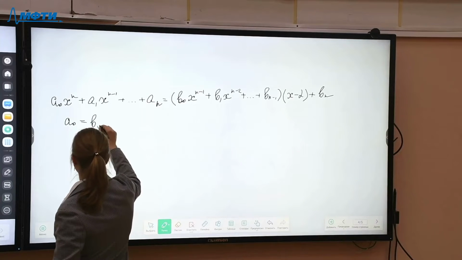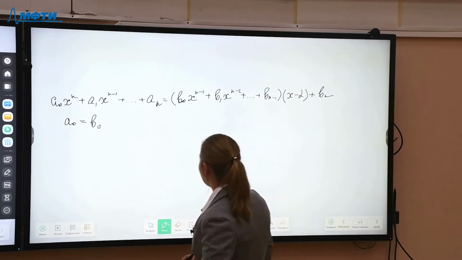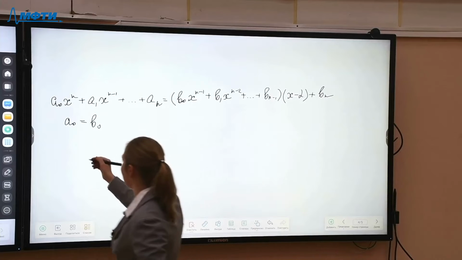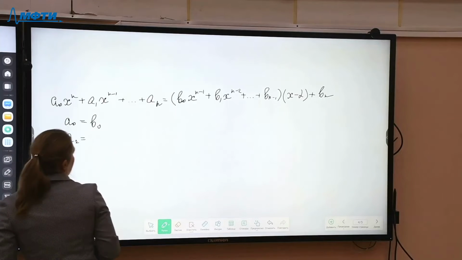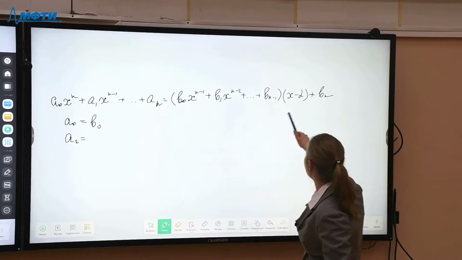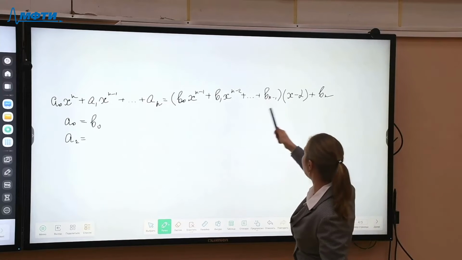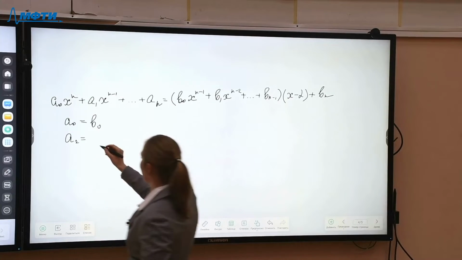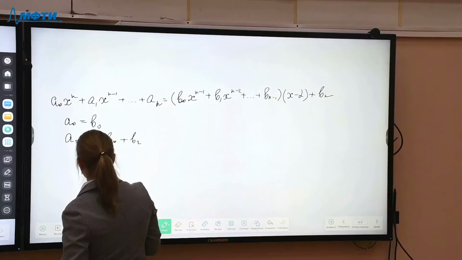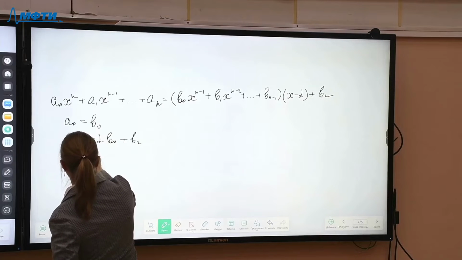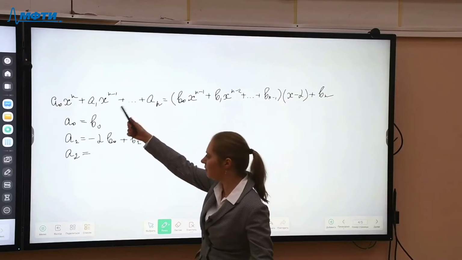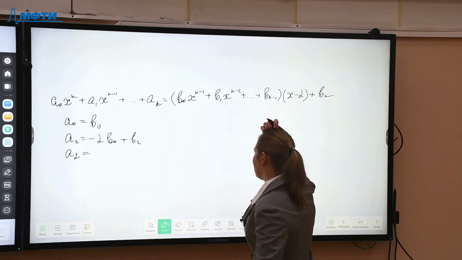So a0 is b0. Then, what is the coefficient of x to the power of n minus 1? Here we have a1. And here we can get n minus 1 when we multiply this term by alpha and this term by x. So the coefficient is minus alpha b0 plus b1. And what is the coefficient of x to the power of n minus 2? Here it's obvious, a2, sorry. And what about the right side?